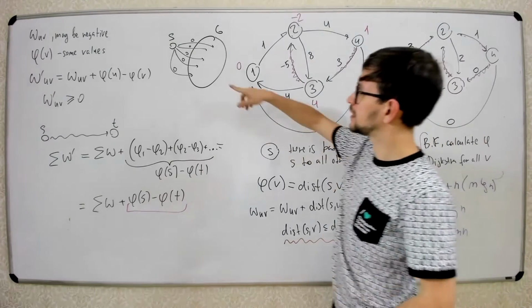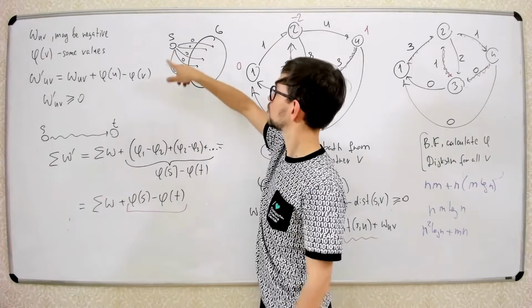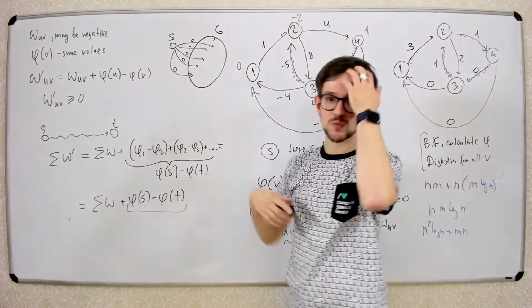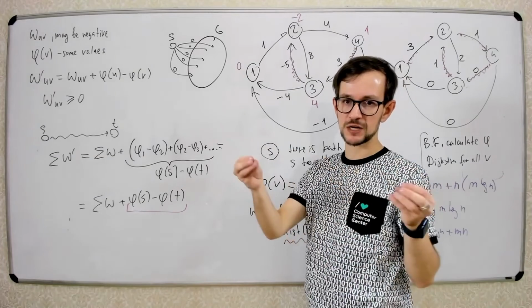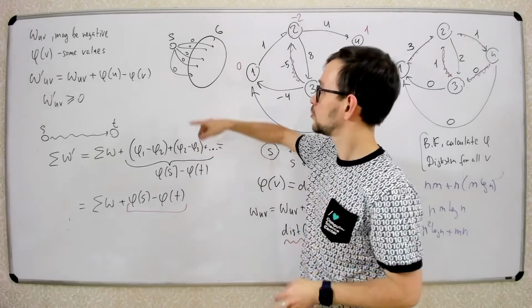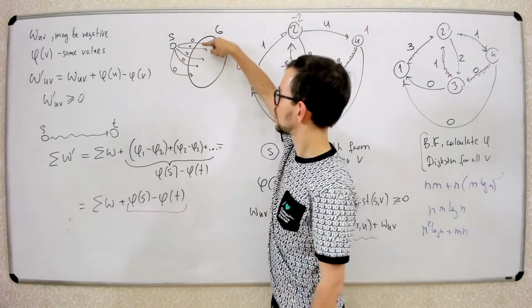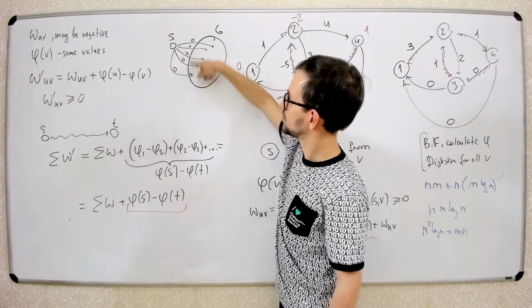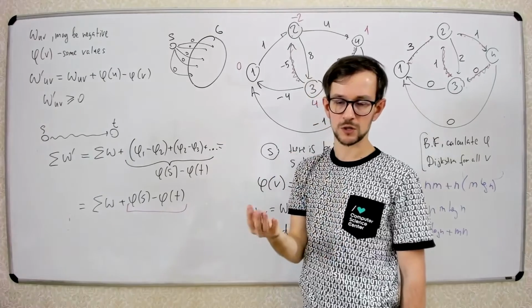Actually, in this graph, you cannot modify your graph. What you can do is just modify your Bellman-Ford algorithm. In Bellman-Ford, we initialize array D as 0 for S and plus infinity for all other nodes. But if you look at what's going on in this graph, in the first iteration of Bellman-Ford you will relax all these edges, so all values D for all nodes will be zeros.